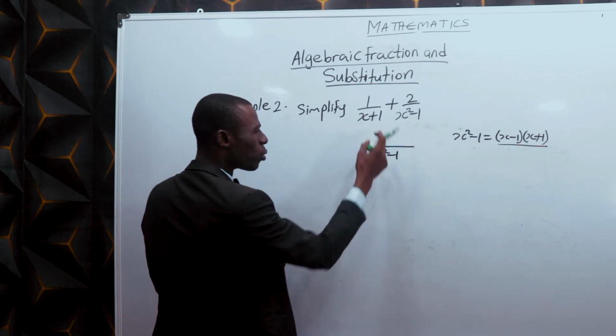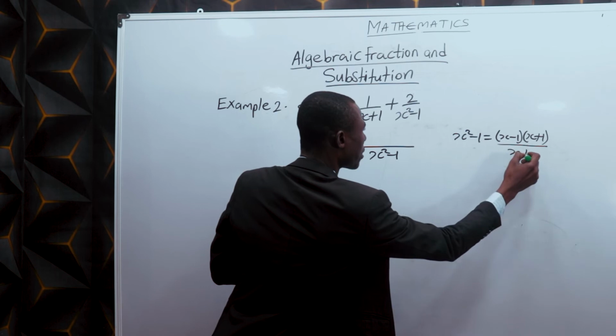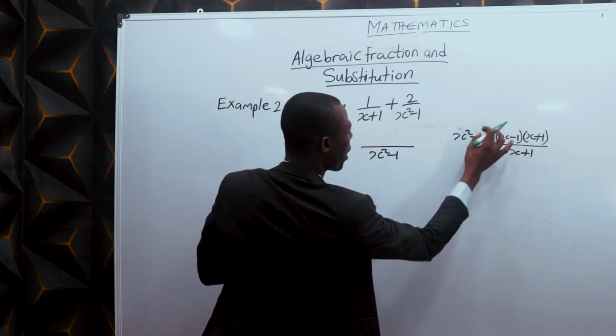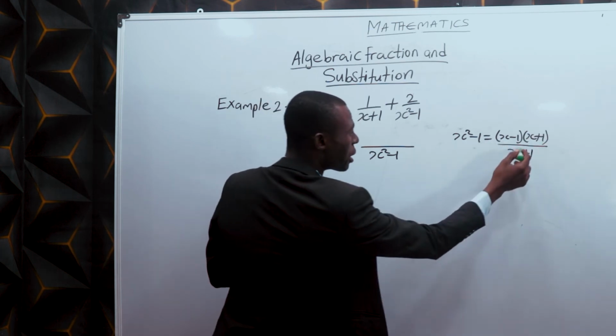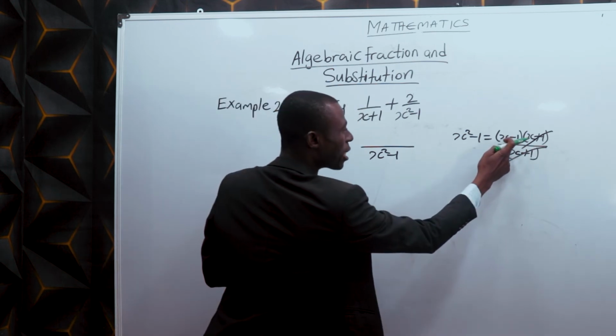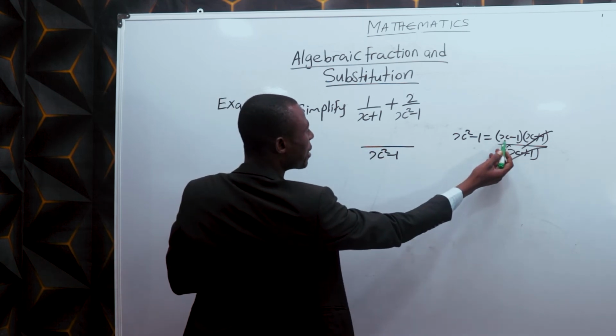Use x plus 1 to divide x squared minus 1. Since x squared minus 1 is x minus 1 into x plus 1, you see that we cancel this. What do we have left? x minus 1. So x plus 1 in x squared minus 1 gives x minus 1.